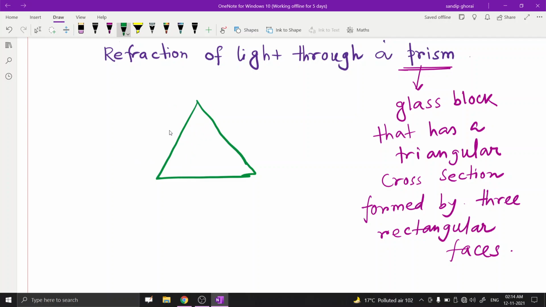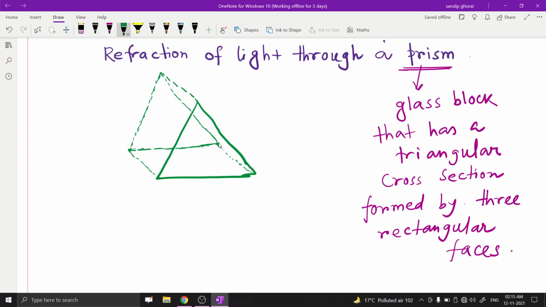So here this is the 3D picture of a prism.